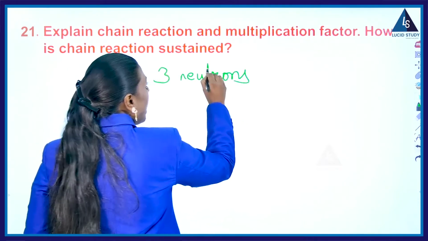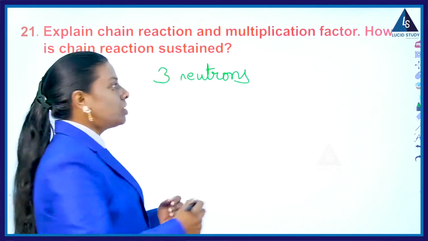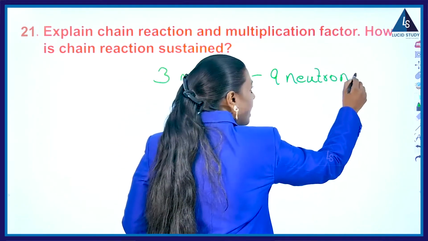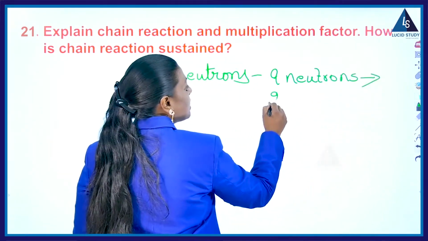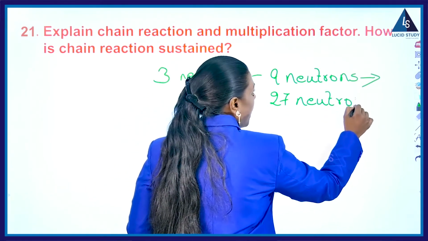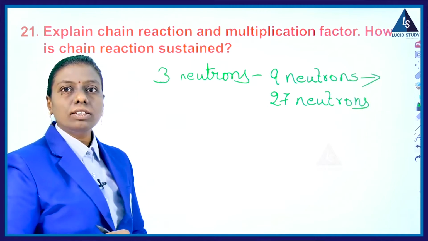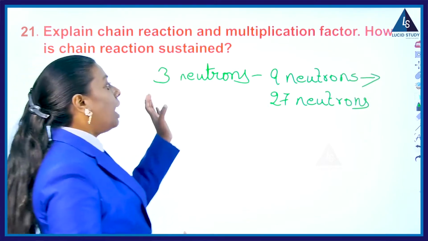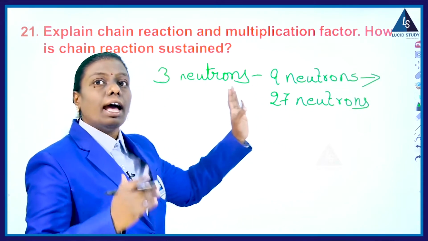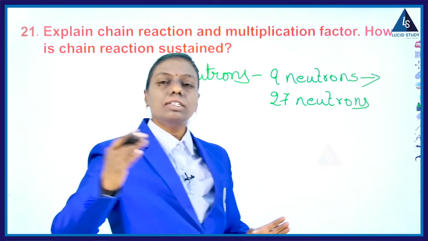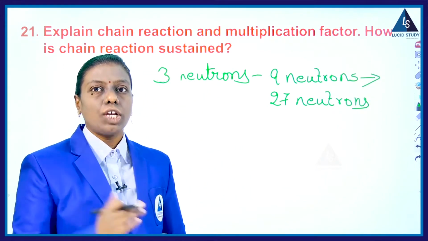Next, out of these neutrons, 9 neutrons will be produced, and in the next reaction 27 neutrons will be produced. This is called a chain reaction, a sustained chain reaction.